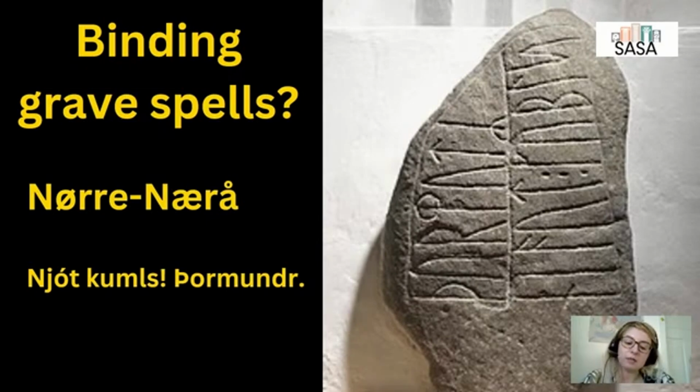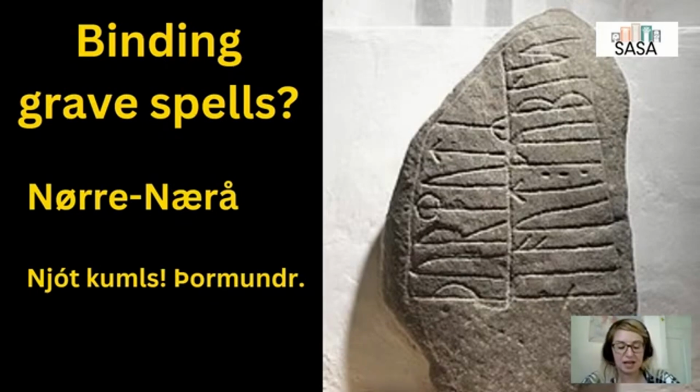However, this might also have to do with something a little darker, in the sense that make good use of this monument could have been used in order to command the person in the grave to just stay there and not come back as a revenant, haunting the living or causing havoc.